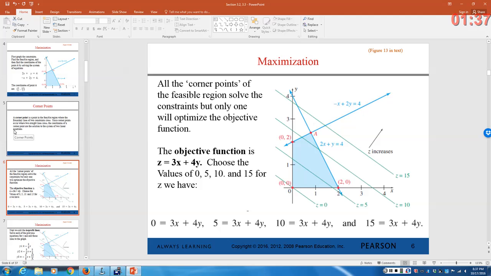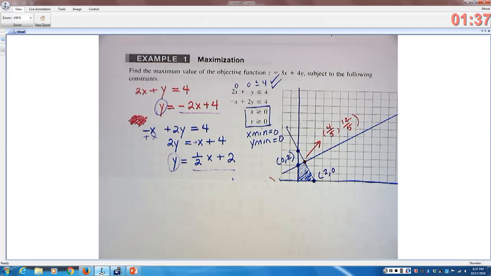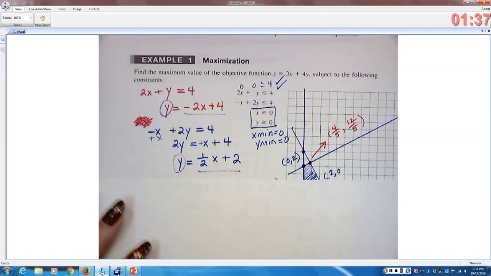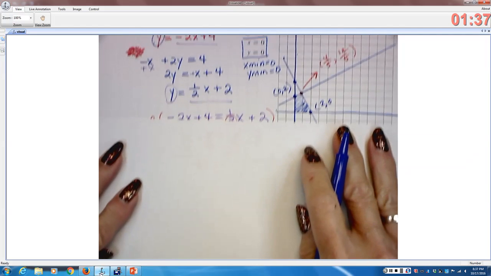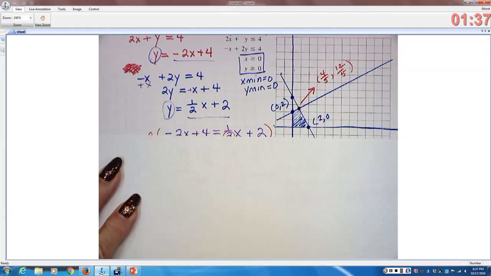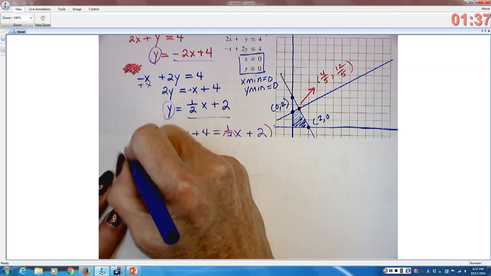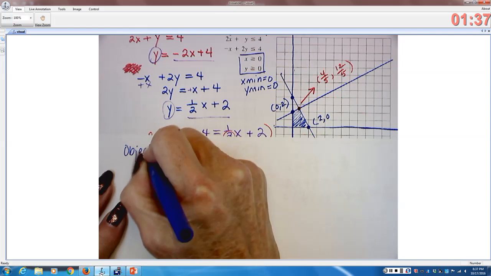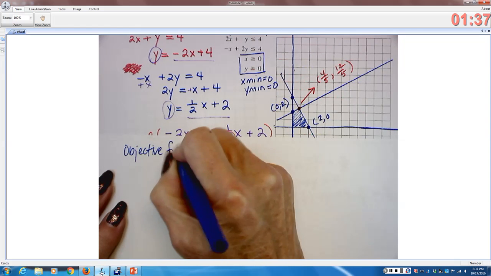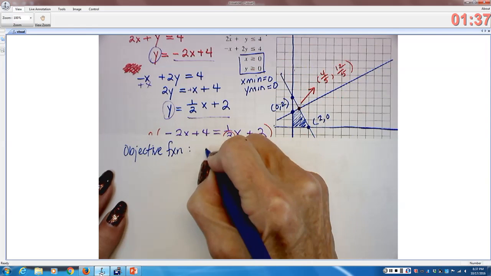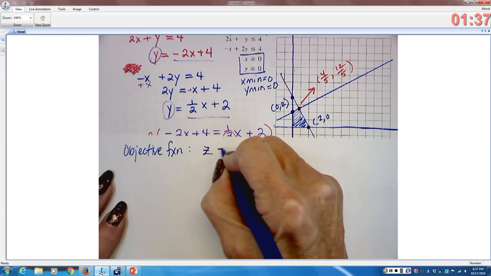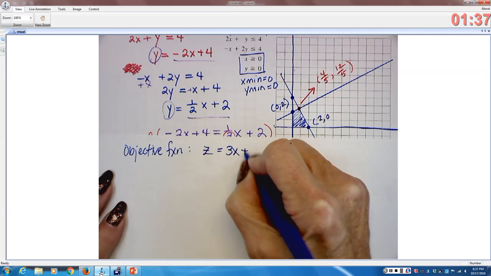Let me write down the objective. Oh, I've got it there, so let me just go back over here. So here's our objective function. z equals 3x plus 4y.